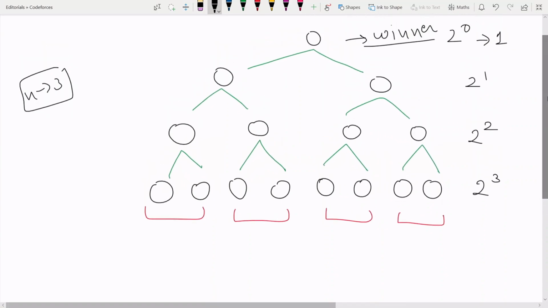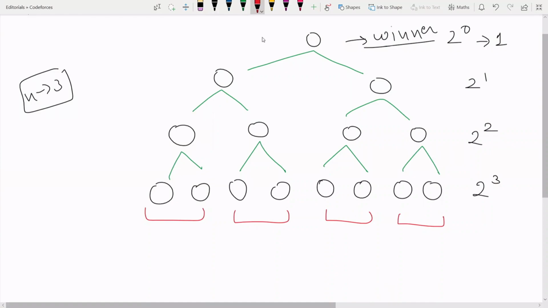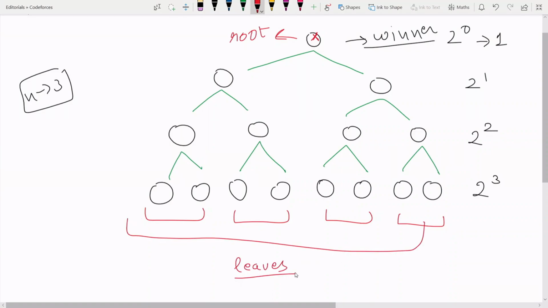Let's see some important observations. Who can be the winner? This is a binary tree: this is the root, and all these things are leaves. If we choose a path from root to leaf, suppose this path and this path, then this will be the winner. If we choose this path and this path, then this will be the winner.